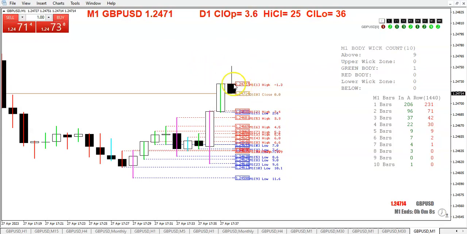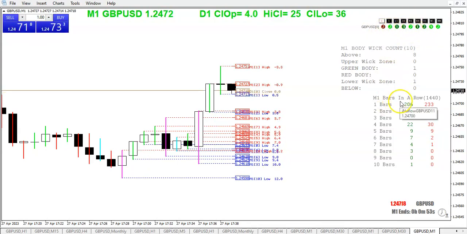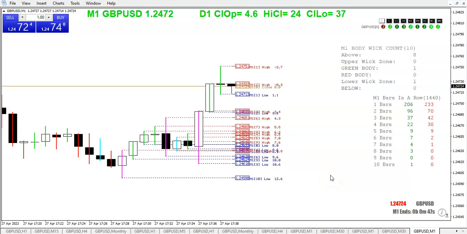So you can see here, we've come below this high, good for a pip, because you're going against all these candle colors. And you can see here you've got 2 in a row on 5, 3 in a row on 30. This is one of the reasons why I wrote this indicator, so I could see how many bars in a row and know when to start looking for reversals.